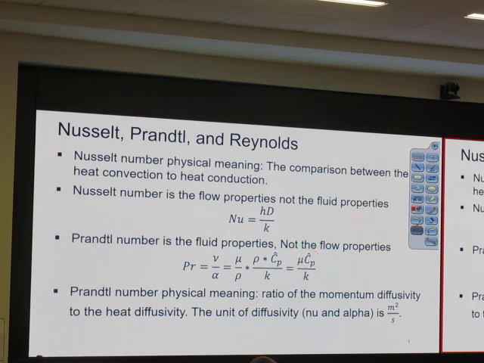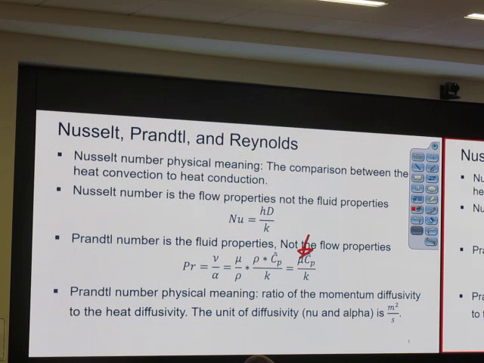How much is the mu of oil? For crude oil, with API gravity of maybe 10 to 30, mu can vary from 2-3 centipoise if it is condensate, or it depends on temperature. So this can be 10 to 20, 50 or something.